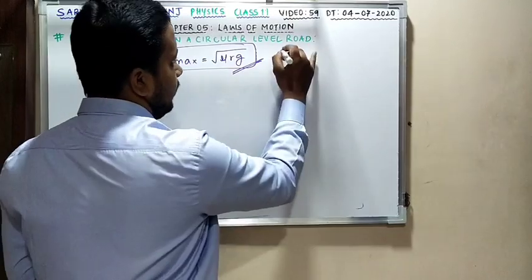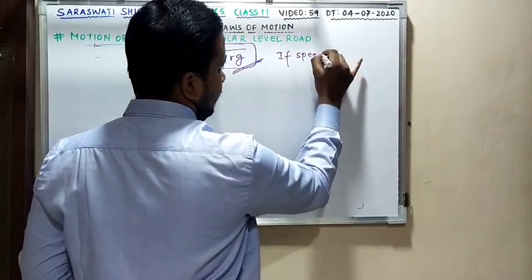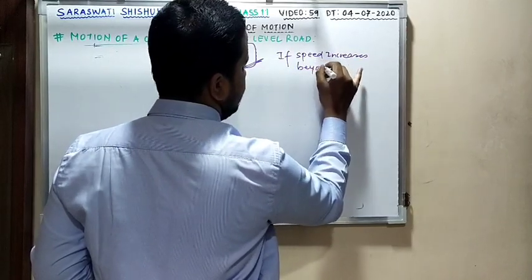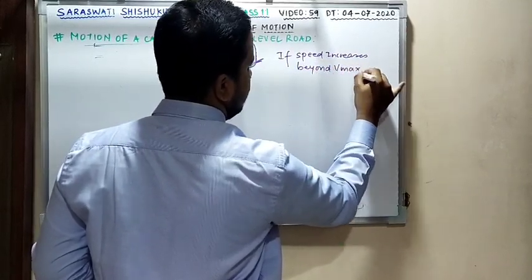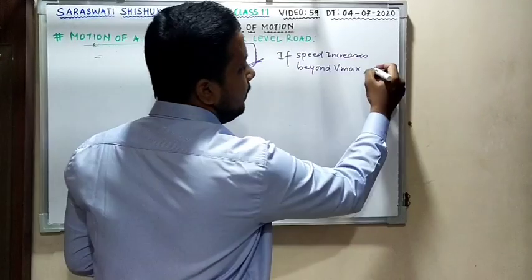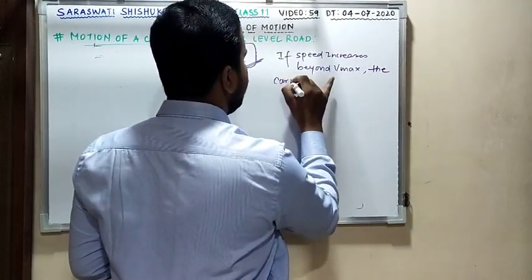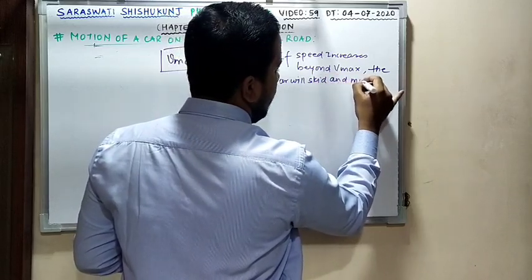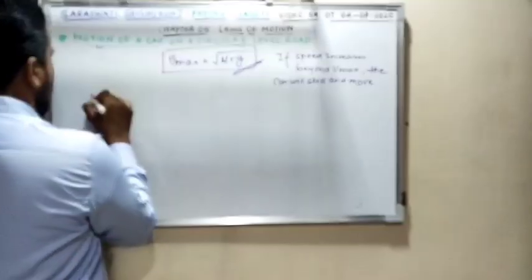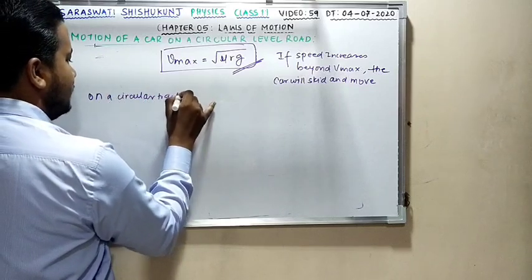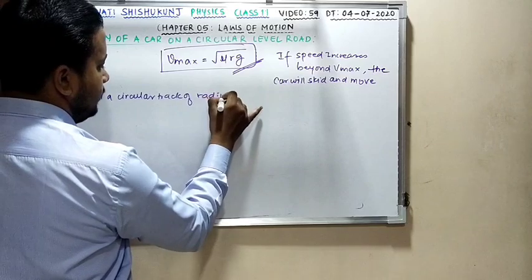If the speed increases beyond Vmax, the car will skid and move on a circular track of radius greater than r.